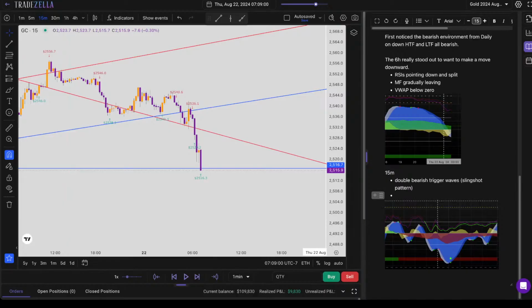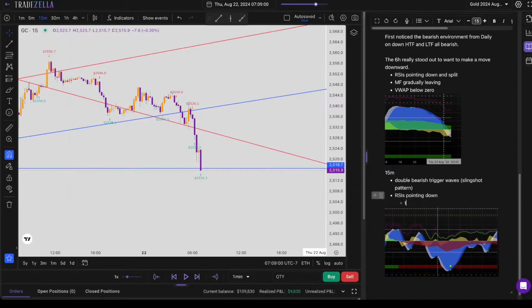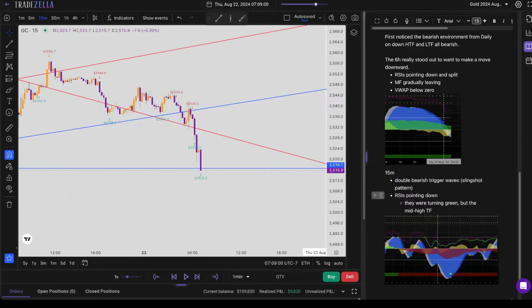We saw RSIs pointing down. They were turning green, but the mid to high time frames were our guide. Even though the RSIs were flipping green, money flow was still leaving, and higher time frames were bearish.